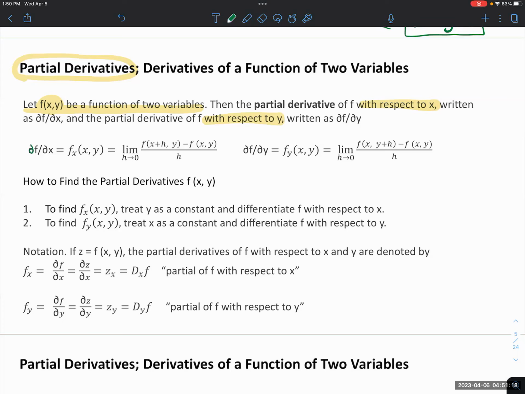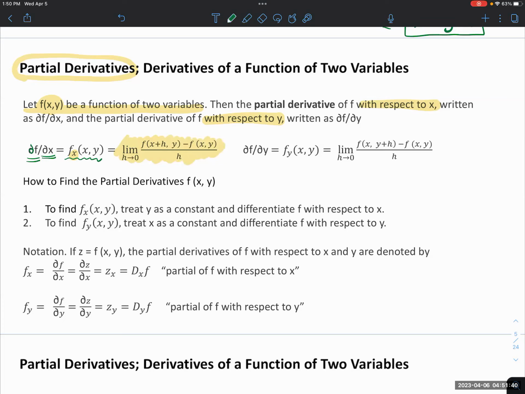This is the derivative of f. You're going to take the derivative of this f equation with respect to x. That's what that means, right? You can also write it as df over dx. So that's what they mean by with respect to x. And then this is the true definition.